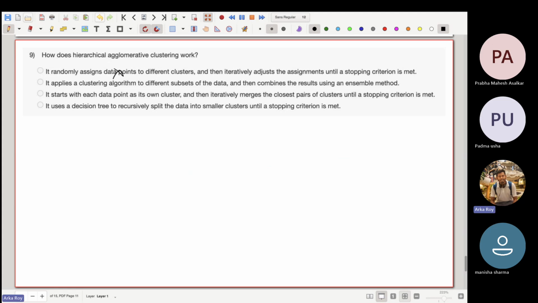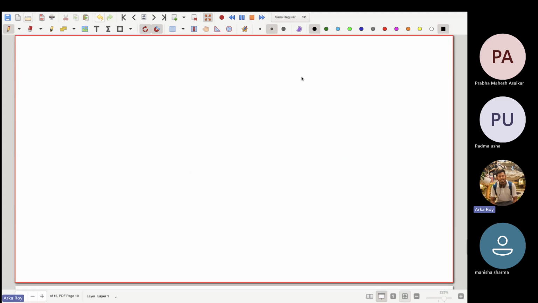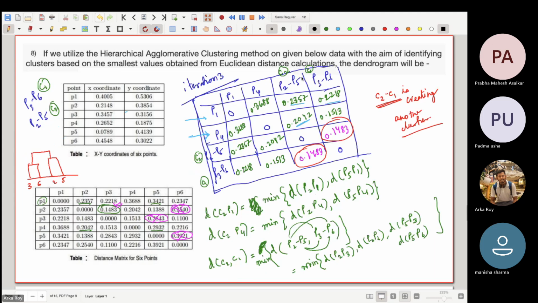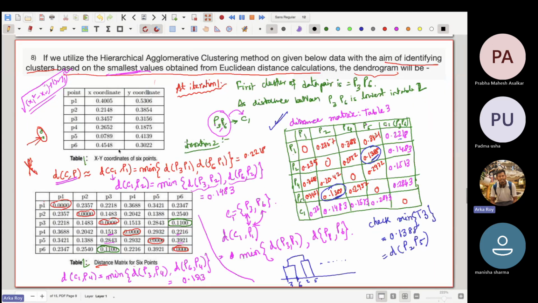It starts with each data point. So HSE, already we have told that it first initializes the process with a notion that each of the data points is itself a cluster. So this is correct. And then iteratively merge the closest pairs of clusters until the stopping criteria is reached. So that is what we have done. So over here also, we considered that initially all the data points are each itself a cluster. Then we have merged the data points. So for example, 3 to 6 we have merged, then 2 to 5 we have merged based on some distance criteria.